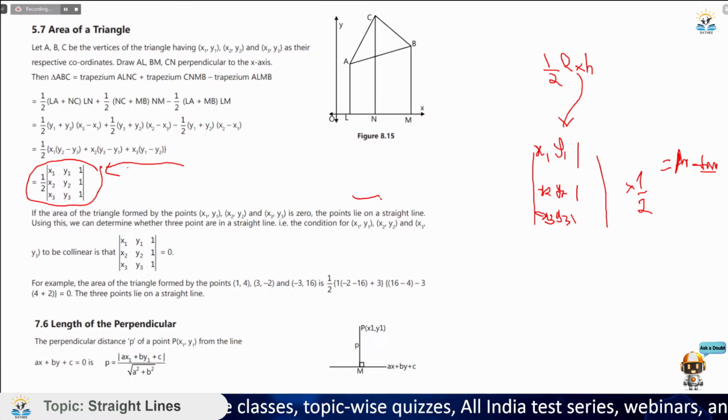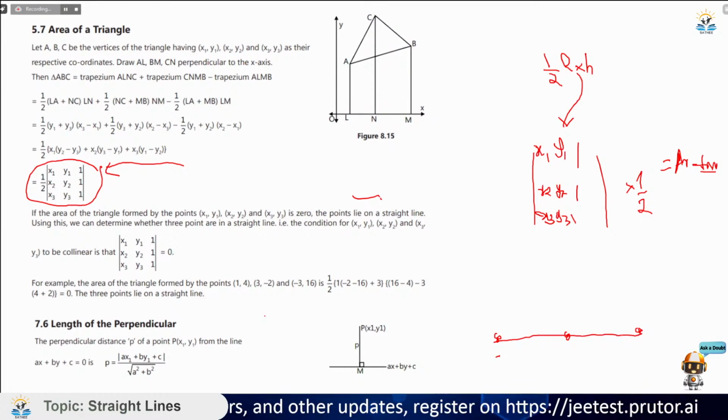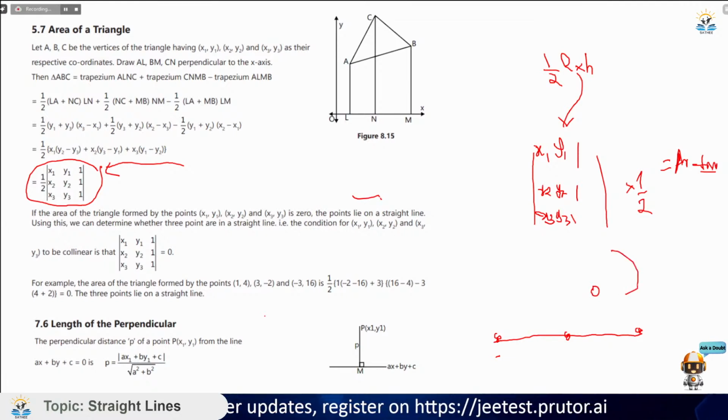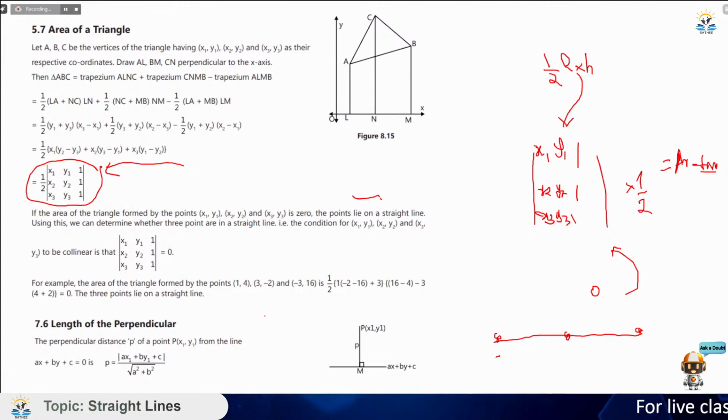Then a very interesting result we can get from the area of a triangle is this: if three points are given, the first point, second point and third point, and they are collinear, then the area will be equal to 0. If the area of a triangle formed by the points x1, y1, x2, y2, x3, y3 is 0, then the points all lie on a straight line.